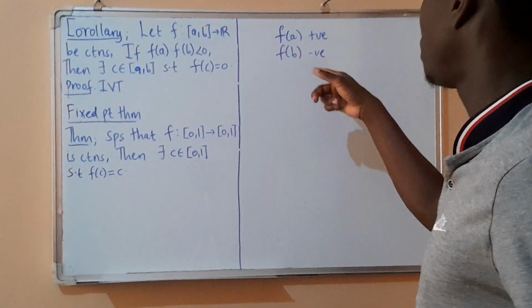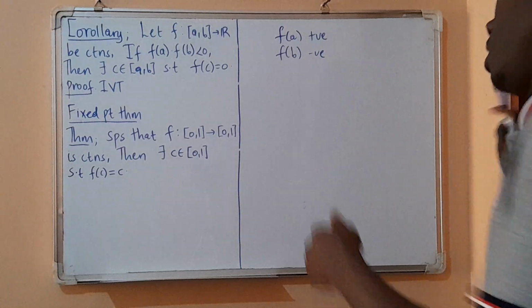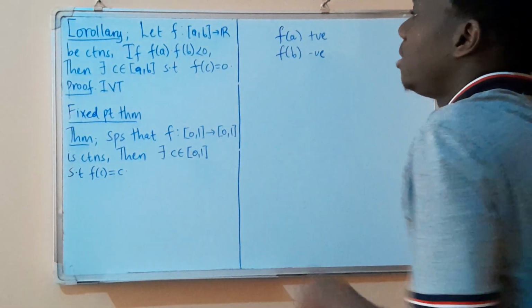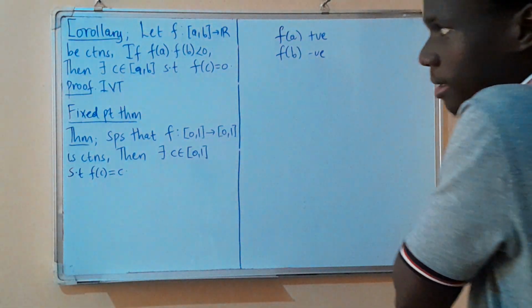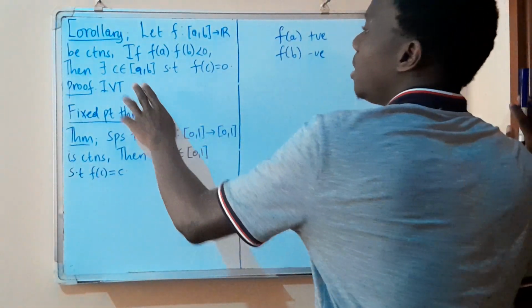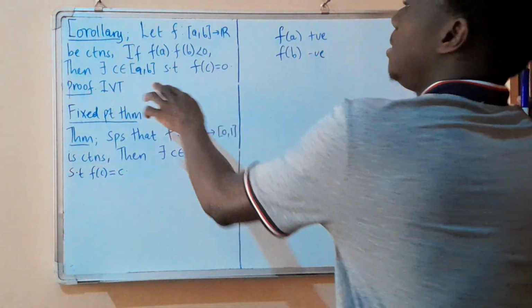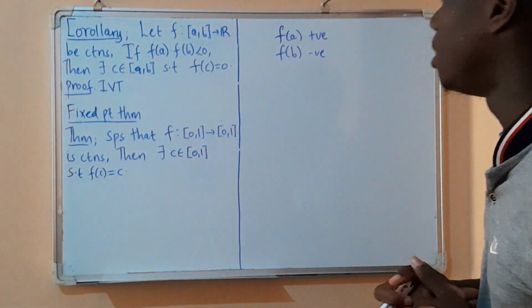If they differ in sign, then their product will be negative. That implies that there exists a c in this interval such that f of c is equal to 0.